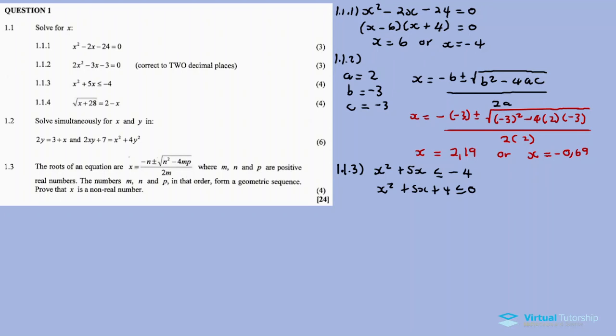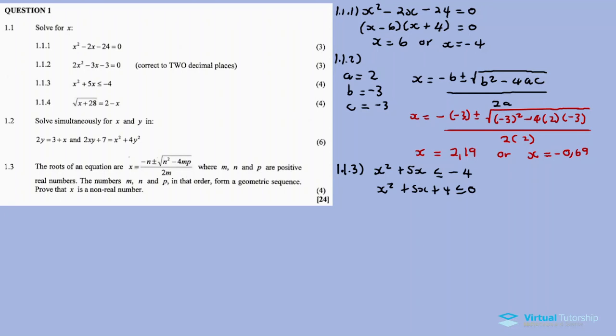After this step, I need to find critical values. After standardizing your equation, you need to find critical values. So you treat the quadratic inequality as an ordinary quadratic equation, then calculate your roots, your two x values.